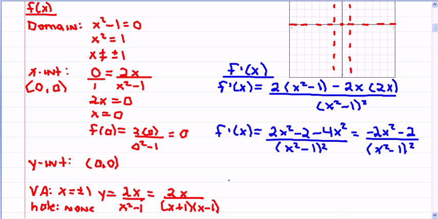And I start by finding the domain. The domain of the derivative is the same as the domain of the function. The denominator cannot equal 0, so x squared minus 1 cannot equal 0. If we solve for x, x cannot equal plus or minus 1. And we already know from the function that plus or minus 1 were vertical asymptotes.